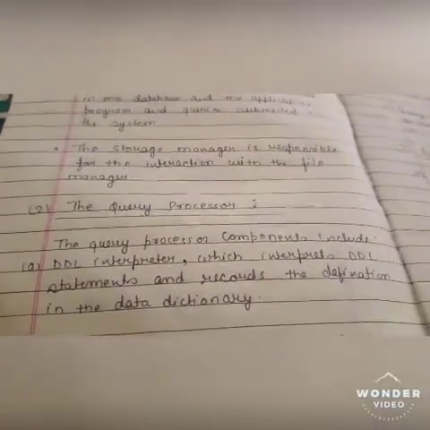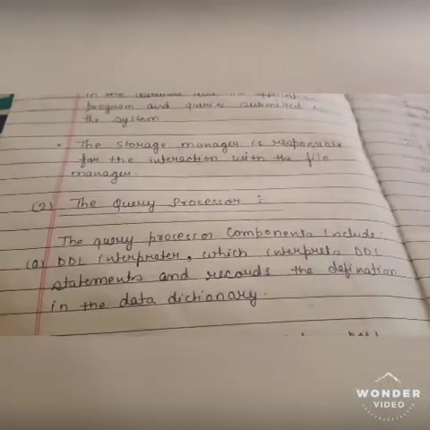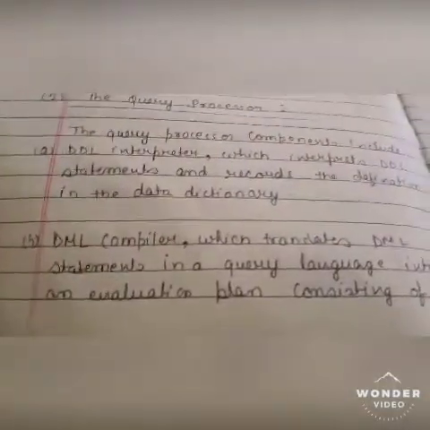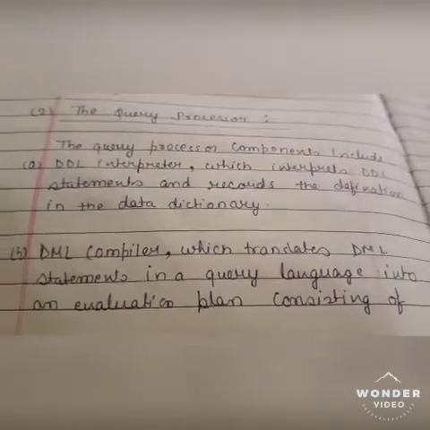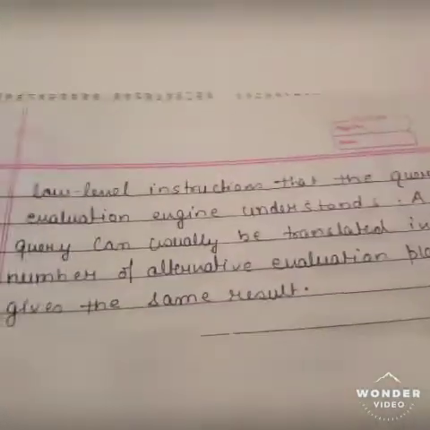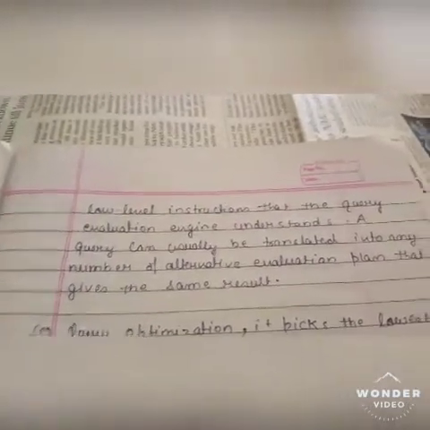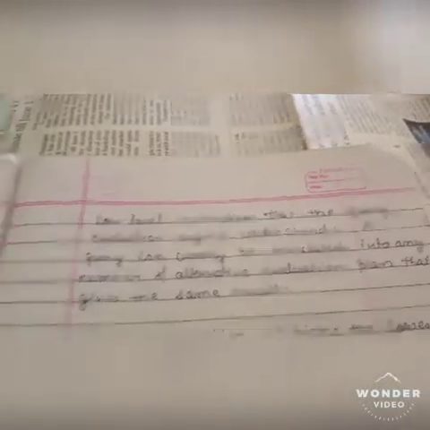DDL interpreter, which interprets DDL statements and records the definition in the data dictionary. DML compiler, which translates the DML statements in a query language into an evaluation plan consisting of low-level instructions that the query evaluation engine understands. A query can usually be translated into any number of alternative evaluation plans that give the same result.